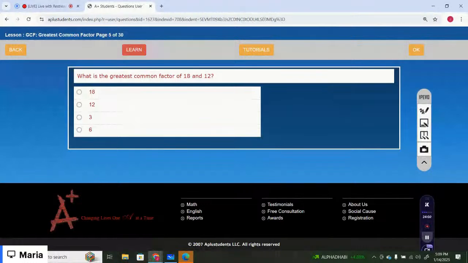What is the greatest common factor of 18 and 12? The correct option is 6.